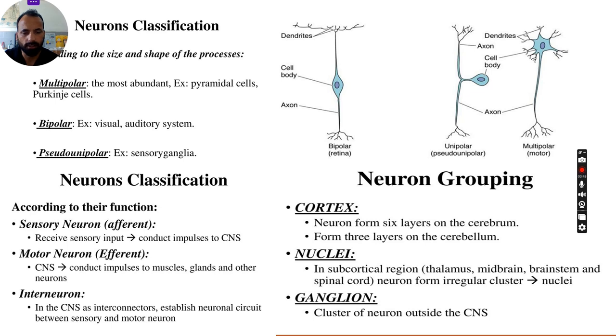In the subcortical regions, such as the thalamus, midbrain and brainstem, the neurons are in an irregular cluster-like fashion, so there is no layering of neurons in the thalamus, midbrain and other parts of the brain. Then ganglia are collections of cell bodies outside the CNS.